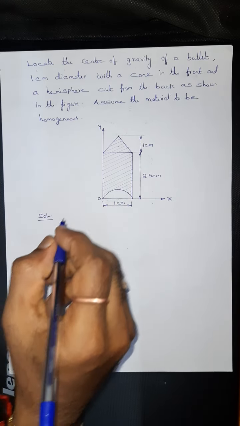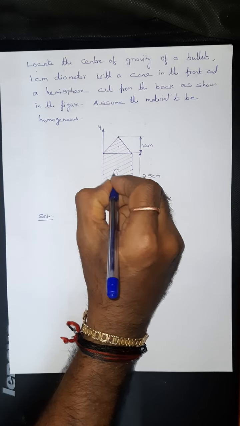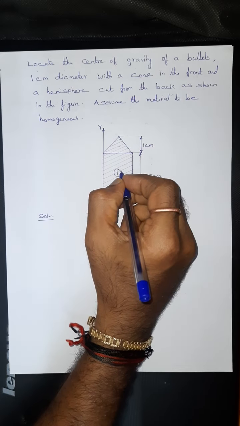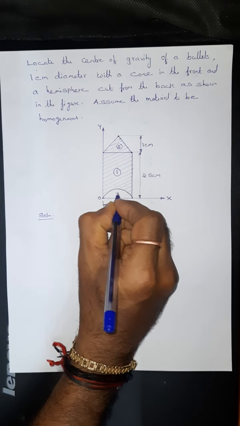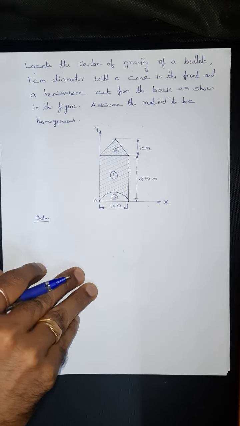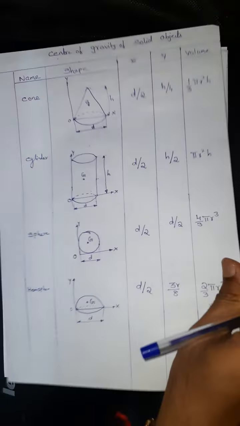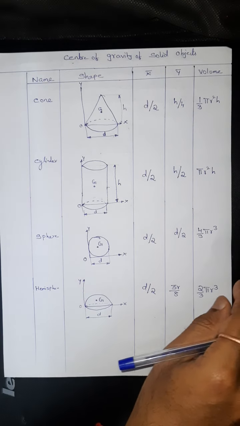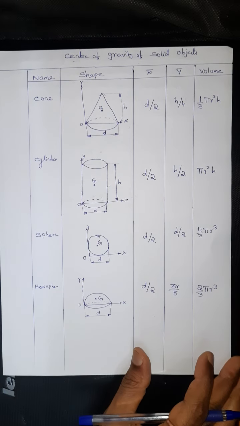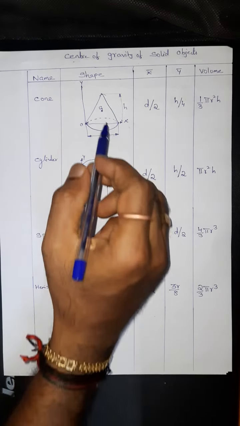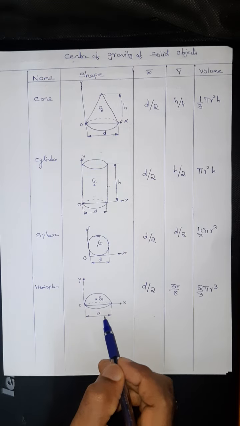So let me consider this portion as 1, and that is the cylinder portion, and then the cone and the hemisphere. This is what I have just taught you, the different formulas for the four standard and simple shapes of solids: the cone, cylinder, sphere, and the hemisphere.